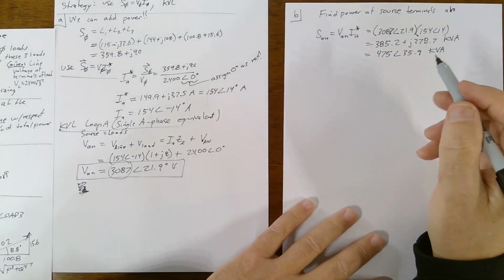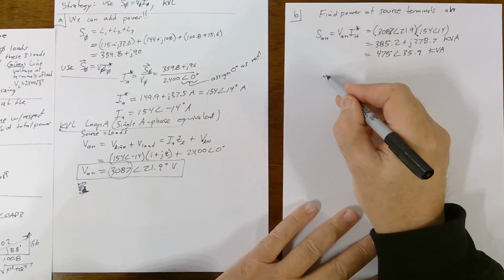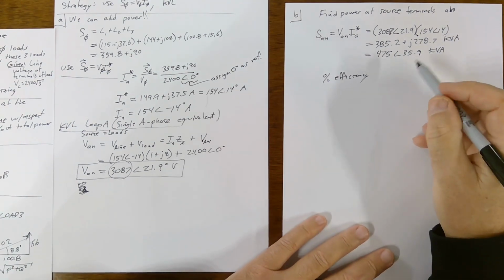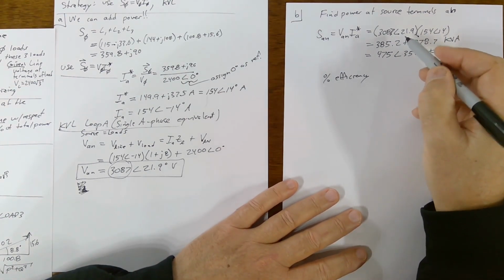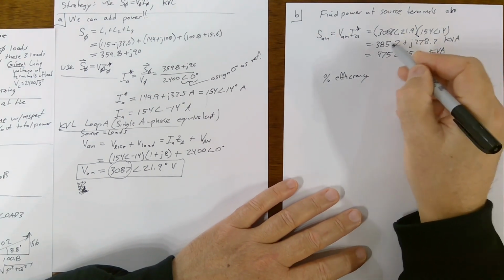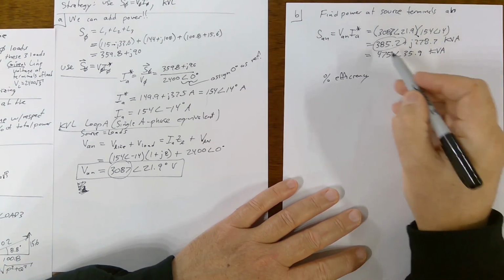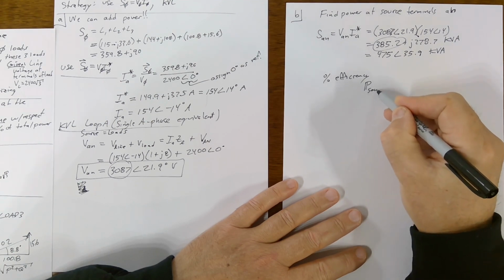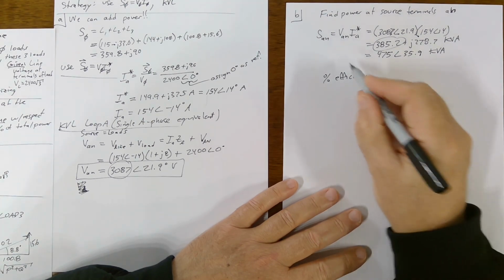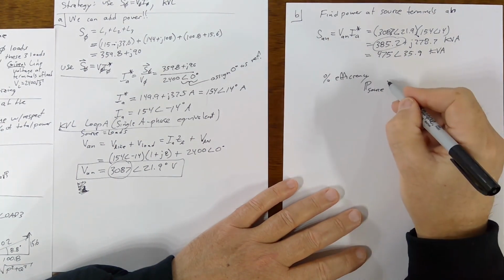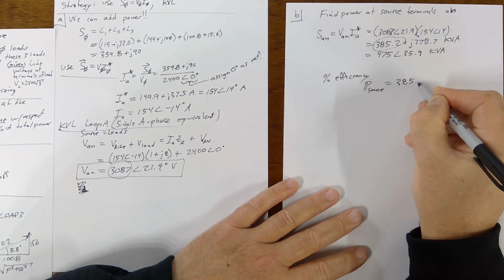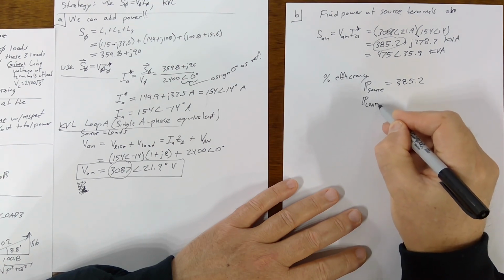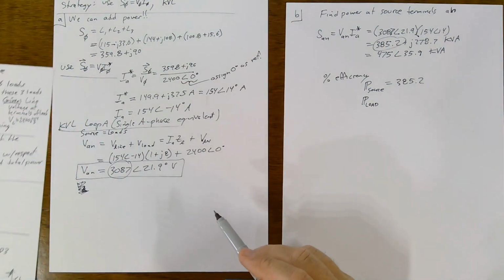So, the percent efficiency. This is the power at the source, the power at AN. This is 385.2, and the real average power at the load is in here somewhere.